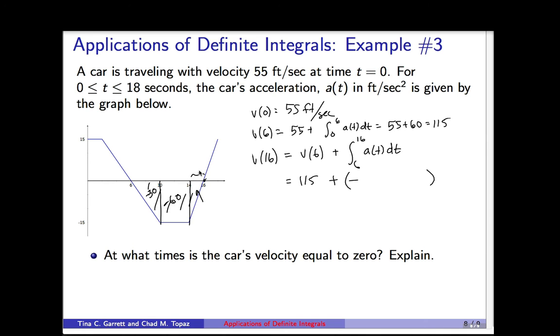And that's a triangle that has base 2 and height 15, so that's another 15 negative. So it looks like 150. Oh, 105. Looks like 105. So it looks like we're only going 10 feet per second at our slowest point, which would be right there. So this is sort of a trick question. The car's velocity is never equal to 0. You almost get there, but you don't quite.